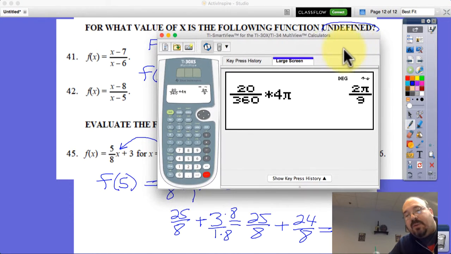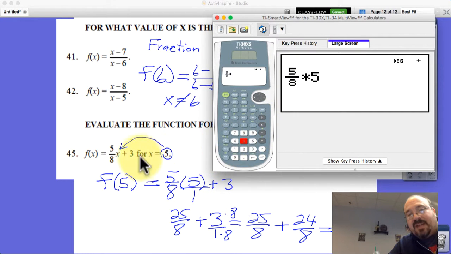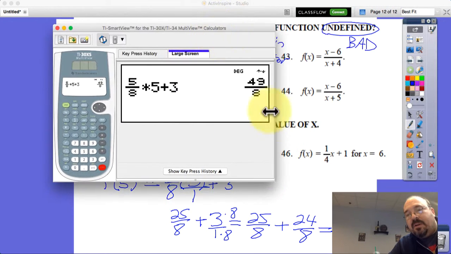Or, if you don't like fractions, then just take your original problem. So I'm just going to go fraction 5 eighths times, and then I'm going to plug in 5 because x was supposed to be 5, and then I'm going to do plus 3, and I'm going to hit enter, and I get the same thing either way.